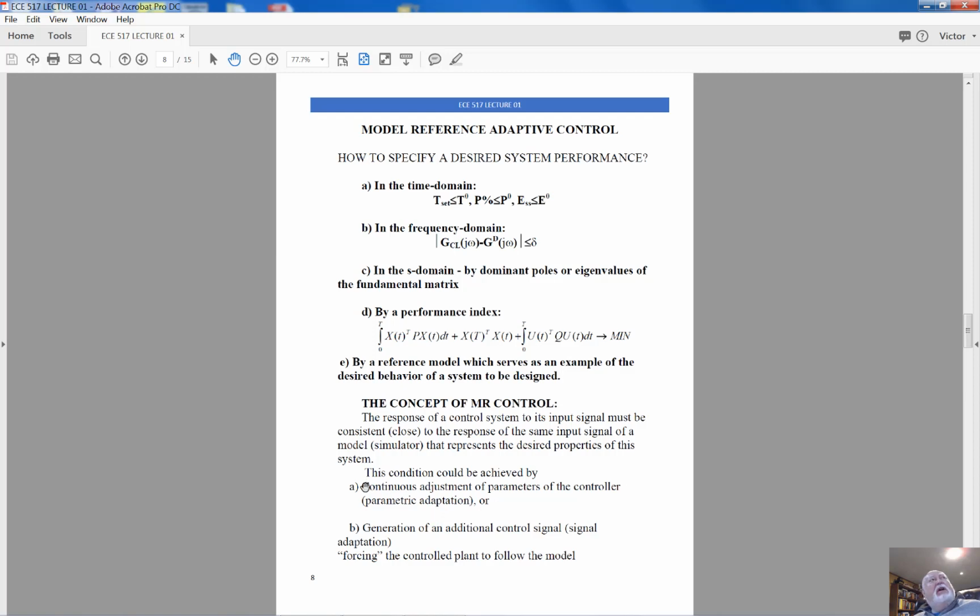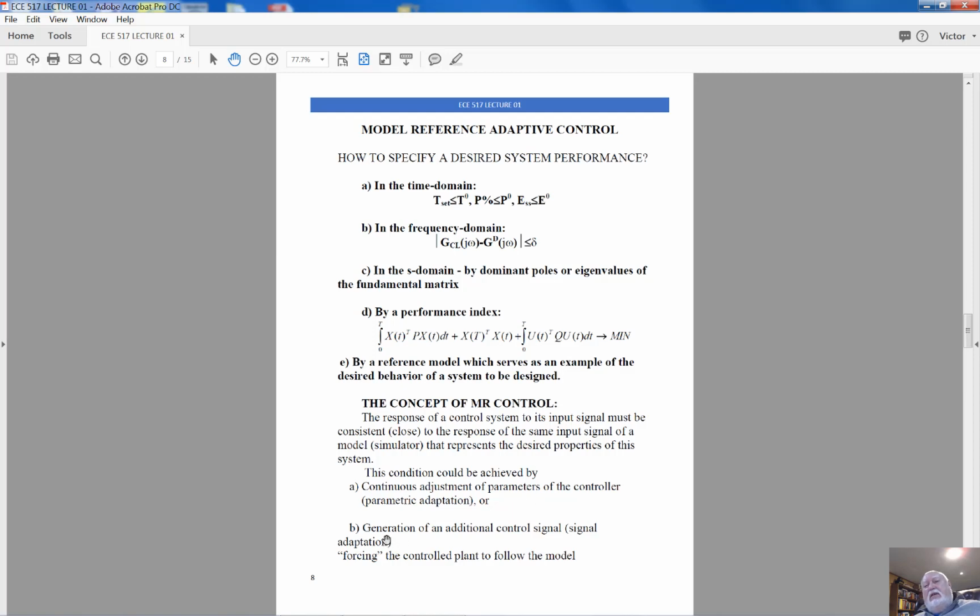How can we achieve good compliance of the responses, of the properties of the adjustable system with the properties of the reference model? There are two ways of doing it. The first way is to perform continuous adjustment of parameters of the adjustable system, parameters of the controller, for example. And we call it parametric adaptation.